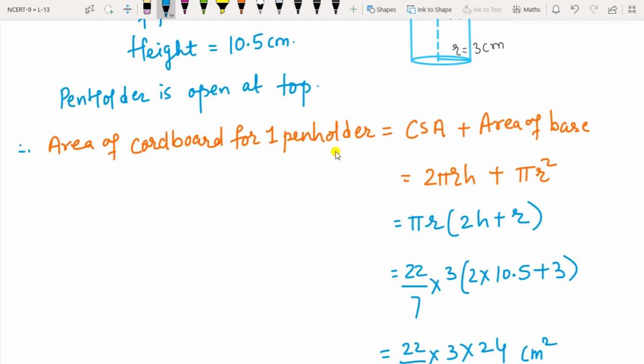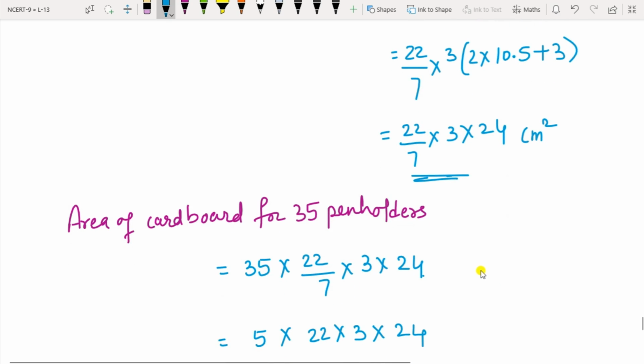So to make one pen holder, the area of the cardboard required will be the curved surface area and the area of the base. The curved surface area is 2πrh and the area of the base is πr². Take πr common from both of these, so the remaining will be (2h + r) in the bracket. Substitute the values here. So this much is the area. No need to find the answer here because this is for one pen holder.